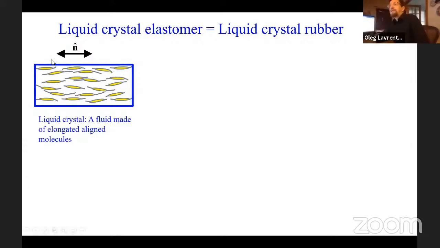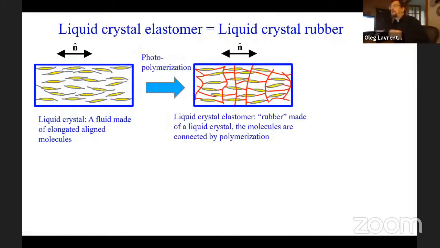They are aligned with each other along a certain direction that is called the director, as shown here. So the rubber is nothing else but a liquid crystal that was polymerized. Typically, we use light to polymerize the liquid crystal, and the ends of the molecules are being connected with each other, so that the entire structure is really a rubber.